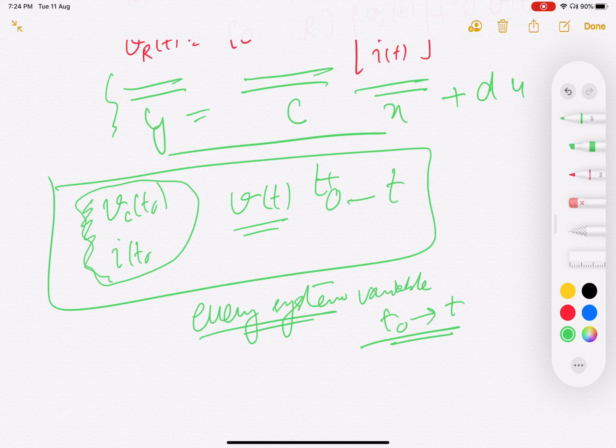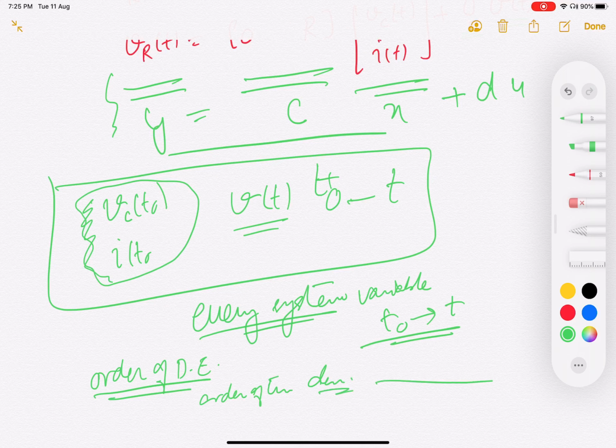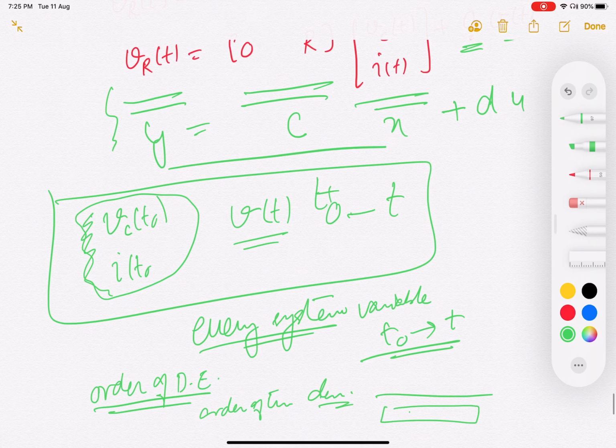So in general, the order of the differential equation which is governing the system, or you can say the order of the denominator in the transfer function representation, is equal to the number of state variables. And if you identify the state variables correctly and you write down the state space representation, that is sufficient to know everything about every other variable in the system.